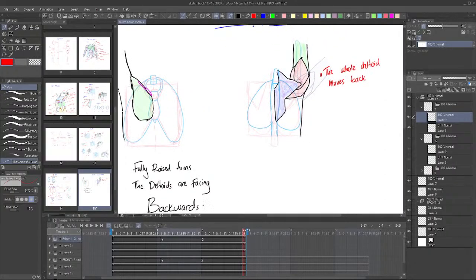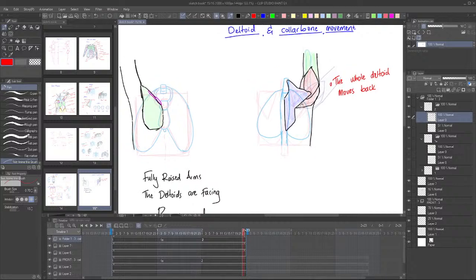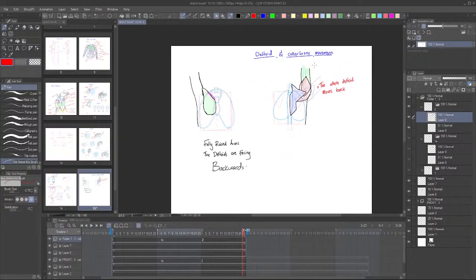I'll take like a 5-minute break, make some coffee, then when we are back, we look at the trapezius. How do you animate trapezius?